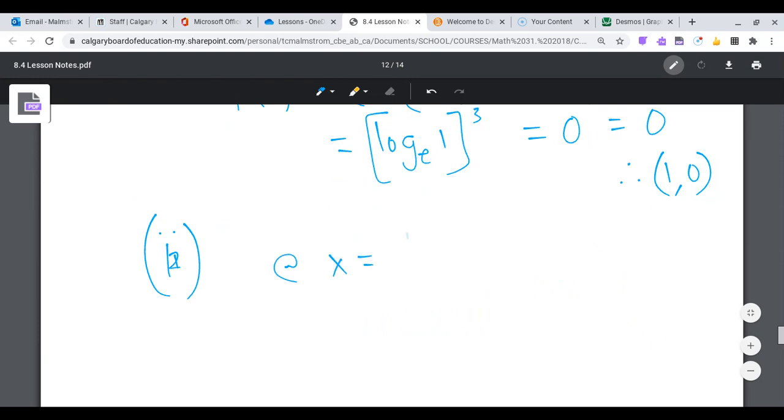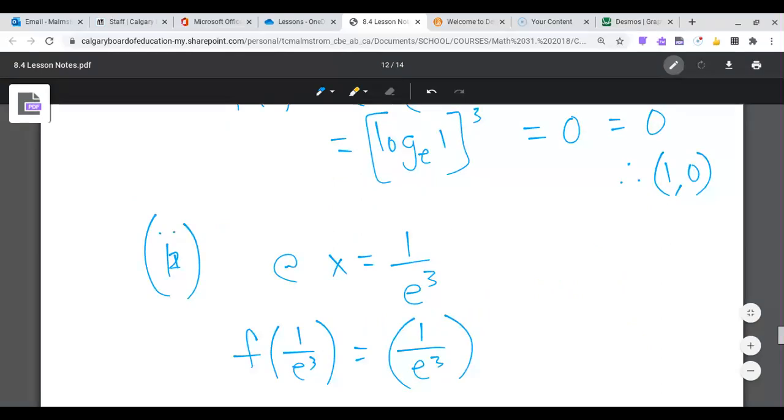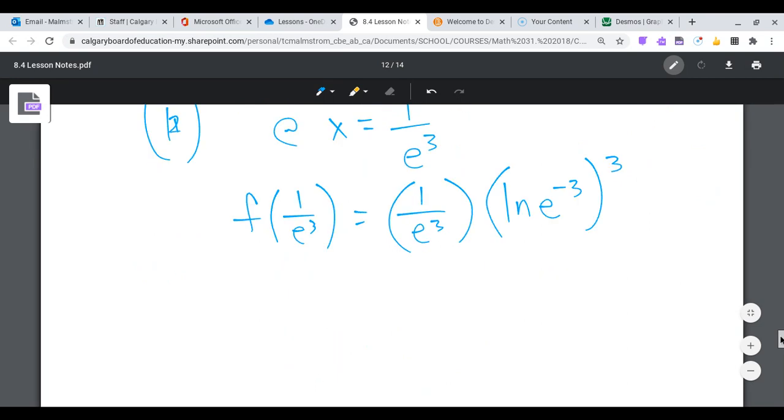At x is equal to 1 on e cubed. So I'm going to do that, 1 on e cubed into my function. So 1 on e cubed for x. And then I have ln of e to the -3 might be better. This whole thing cubed. I'm going to put that -3 in the front.